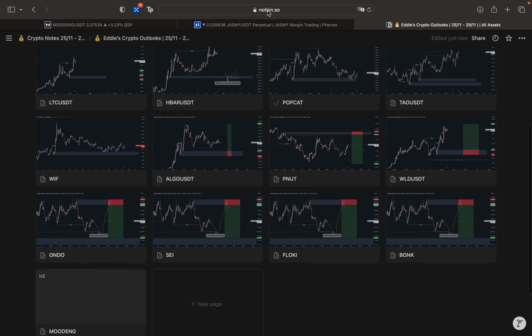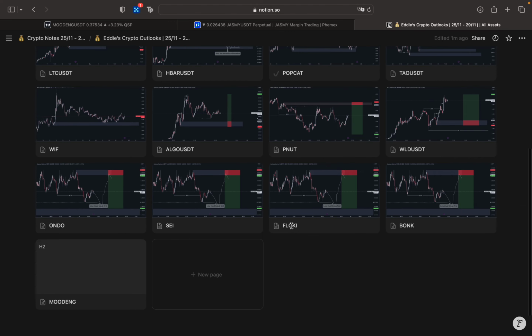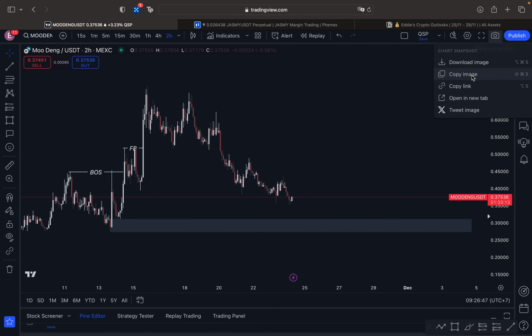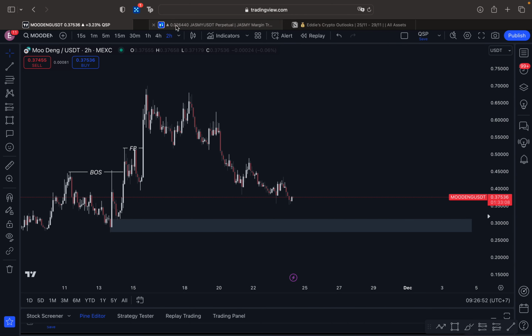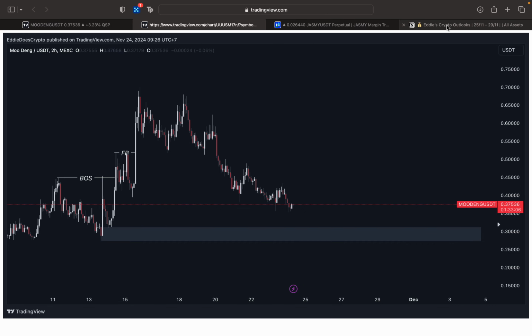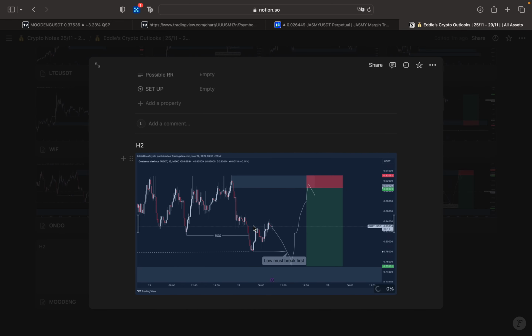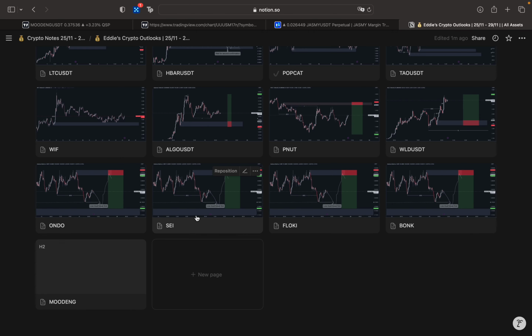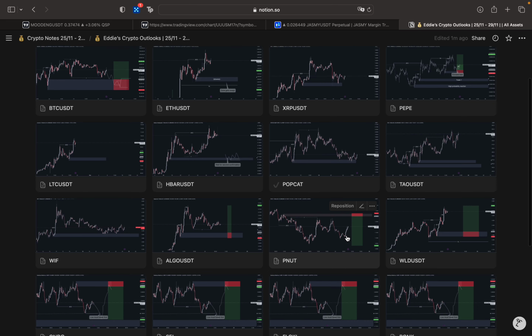Wait, why are these all the same? Hold on. Copy image. Wait, why is it doing this? Wait, I'm so confused. No, it's alright. I'll fix it later. I'll just do the rest of the outlooks later.